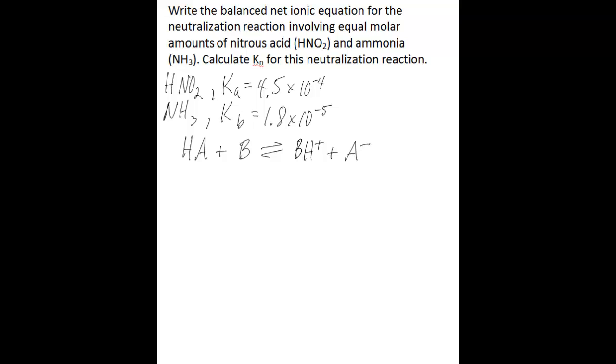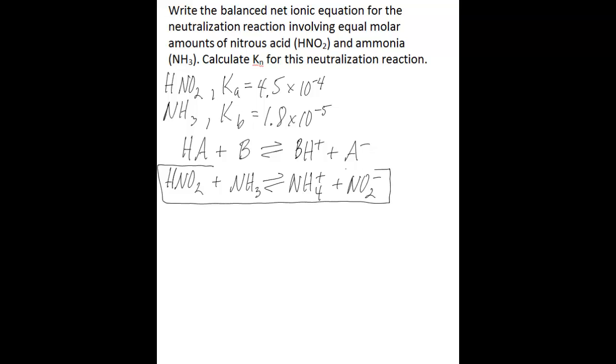To plug the specific substances into this general form, we have nitrous acid as our weak acid, ammonia is our weak base, ammonium is the conjugate acid of that weak base, and the nitrite ion is the conjugate base of our weak acid. So here is the net ionic equation for the neutralization reaction for the specific substances we're dealing with here.